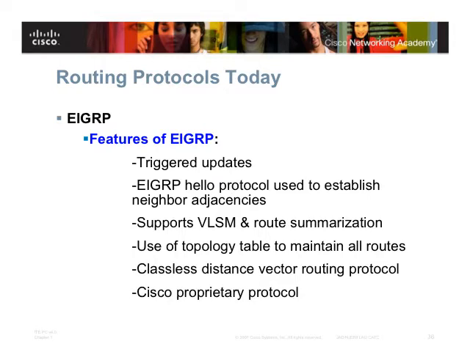Again, unlike RIP, which is a classful routing protocol, at least RIP version 1, EIGRP uses variable length subnet mask, which means that it's by default a classless routing protocol.